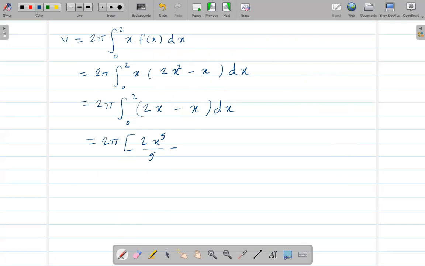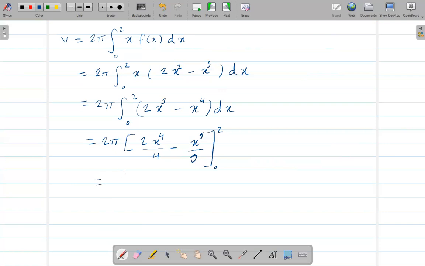So if you distribute this, it will be 2x to the power 3 minus x to the power 4. Sorry. Now if you integrate this, it's 2x to the power 4 over 4 minus x to the power 5 over 5, from 0 to 2. Again, plug 2 in here, and minus plug 0 in here.